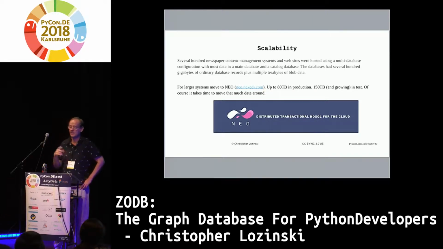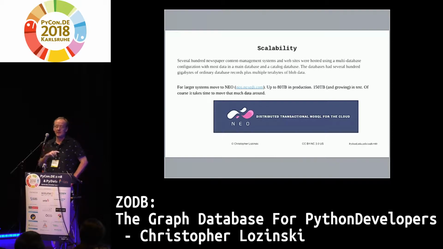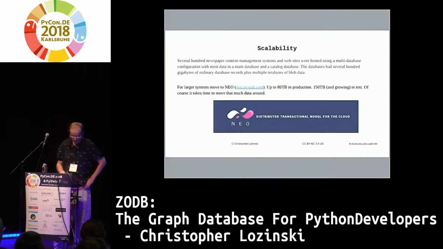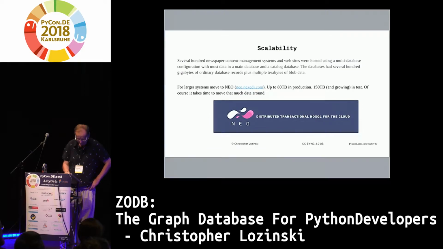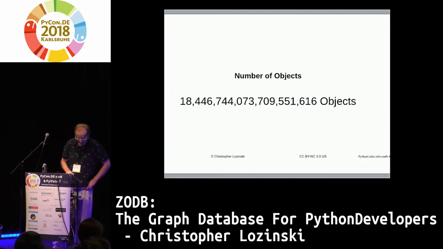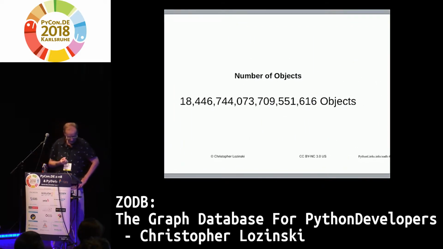If you need more than that, there's a related product called Neo. That's not Neo4j, that's Neo. And they do 80 terabytes in production, 160 terabytes in test for really large databases. Number of objects: this is 2 to the 64th.